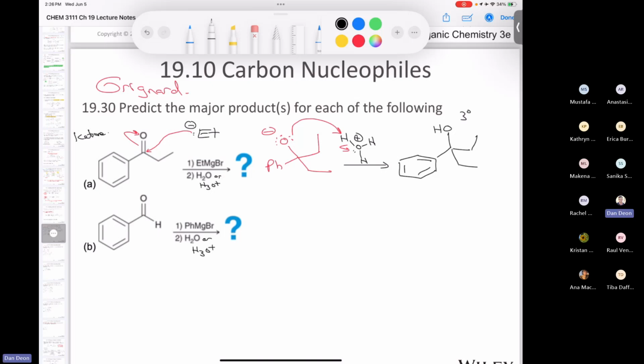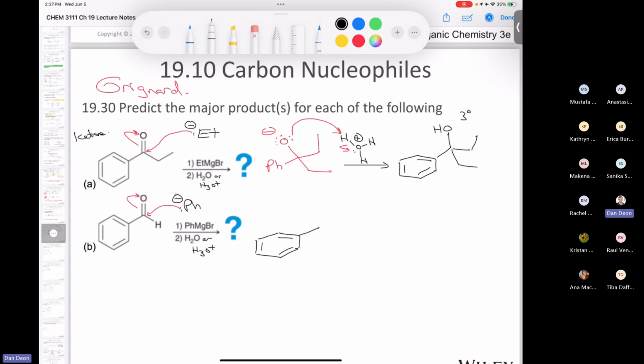Okay, and the next one we have an aldehyde. So remember, an aldehyde gives us a secondary alcohol. We have phenyl magnesium bromide. Again, I'm not going to draw the entire mechanism, but remember you have your phenyl carbanion, your Grignard reagent, which is going to be a strong nucleophile, attack the carbonyl. I'm not going to draw the intermediate this time. After protonation, what are we going to have? We're going to have the first aromatic ring, right?